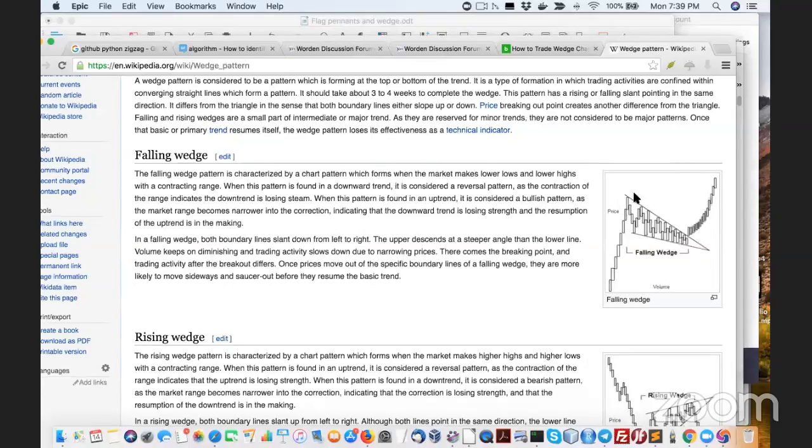Okay, so RF has been asking, I have seen many times where the wedge pattern's breakout was wrong. As I said, RF, we've got to combine these with other patterns and other conditions.